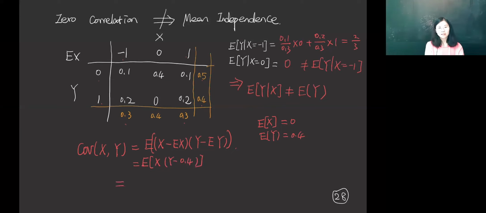And now we just average up all the 6 values of this product with the weights given by these 6 cells in the table.